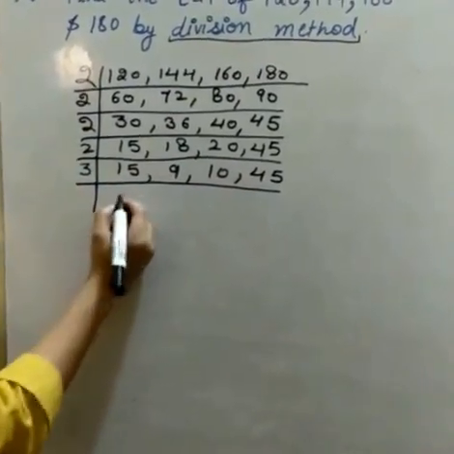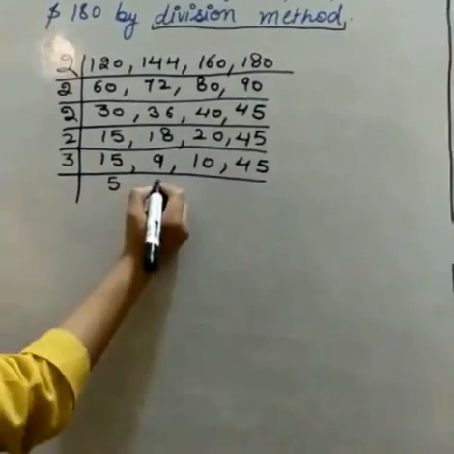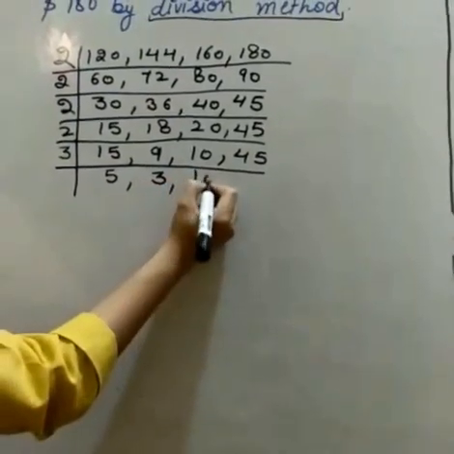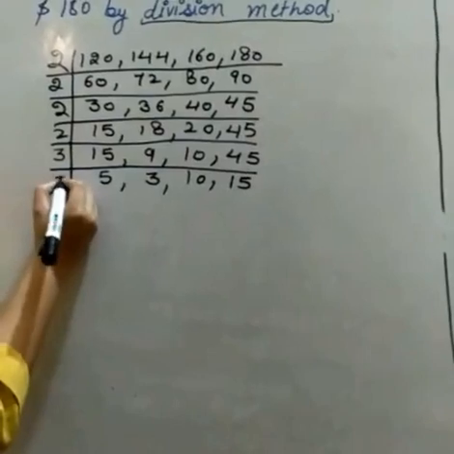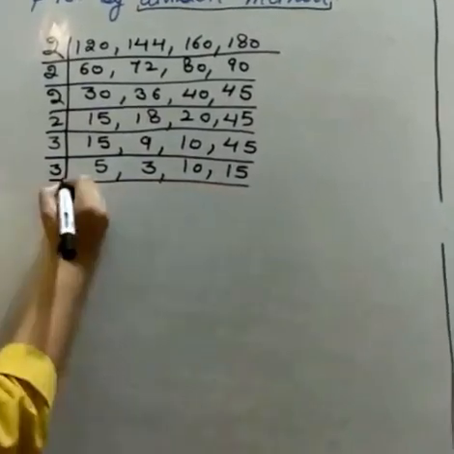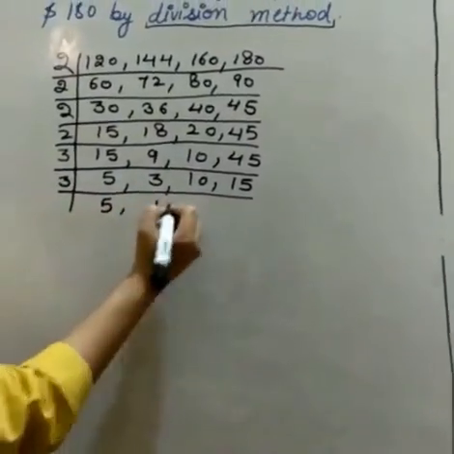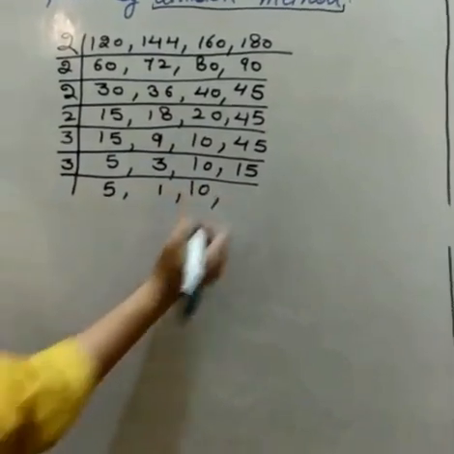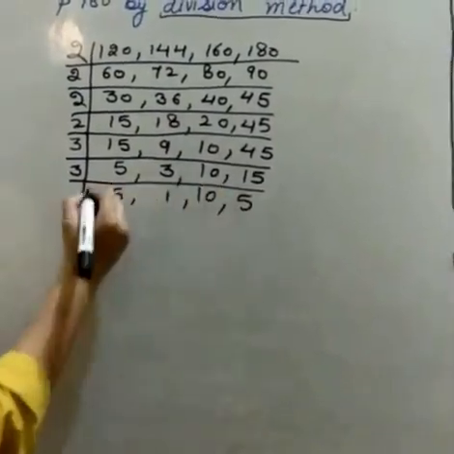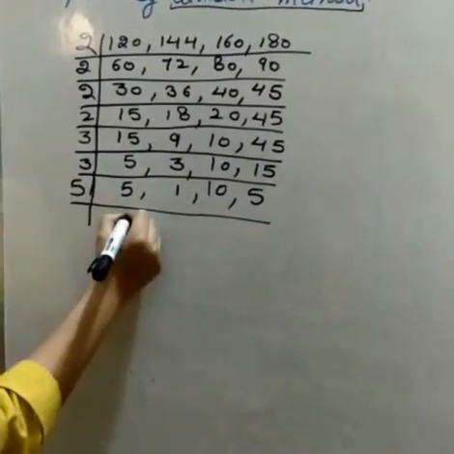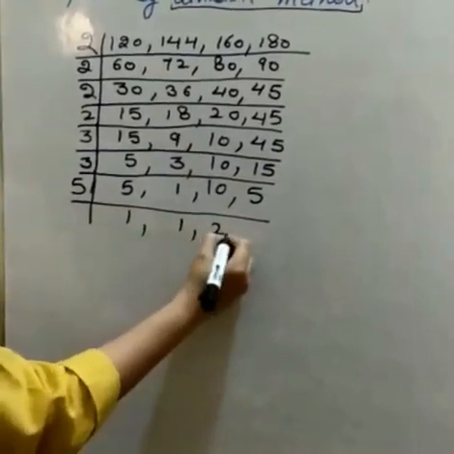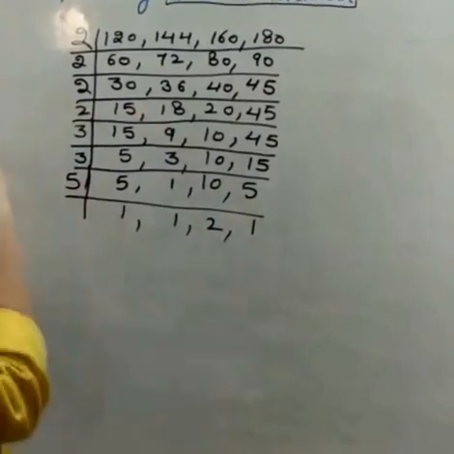So here 5 will come, 3 will come, and here 15 will come. Again 3, 5 will come exactly, 3 ones are 3, 10 exactly, and here 5 will come. Next, now it is divisible by 5, so here 1 will come, 2 and 1.